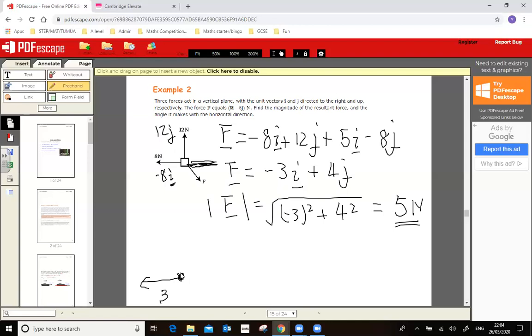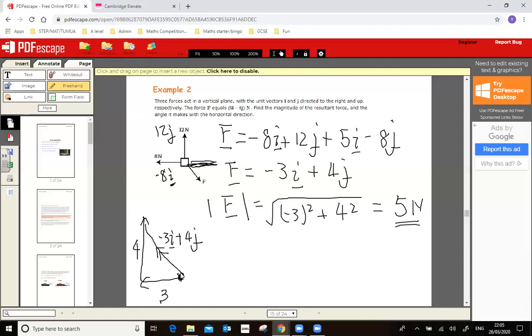And then 4J means I have to go up by 4. Okay, so this is our resultant force actually, which is minus 3I plus 4J.